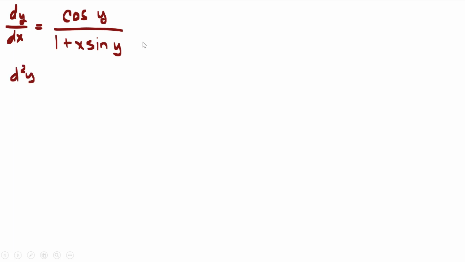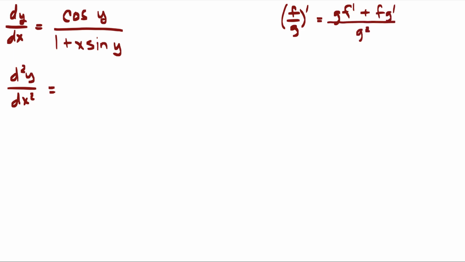Quotient rule. So d squared y over dx squared is going to be, quotient rule, here it is, the derivative of that is the second times the derivative of the first plus the first times the derivative of the second, divided by the second squared. Let's go for it here.